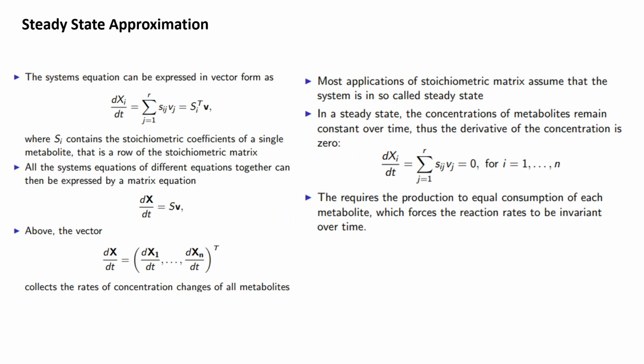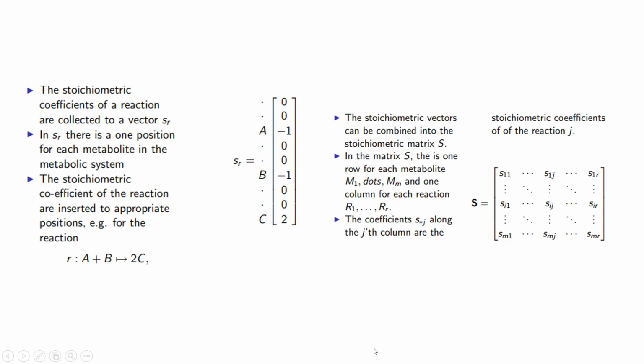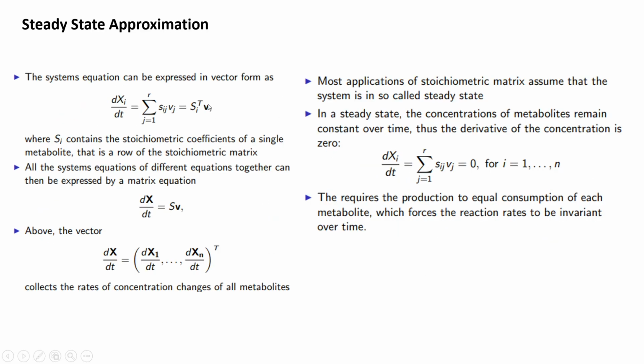Now let us look at something called the steady state approximation. So the system of equations that you have: this is your stoichiometric coefficient matrix. You have another matrix, basically a column vector of all the reaction rates of each of those reactions, given by this vector v.